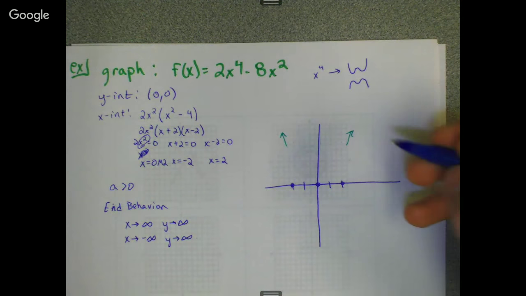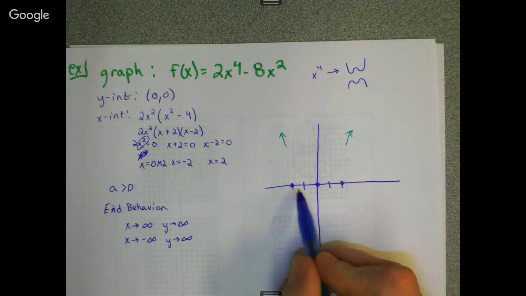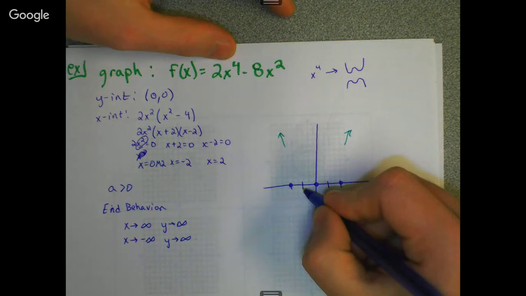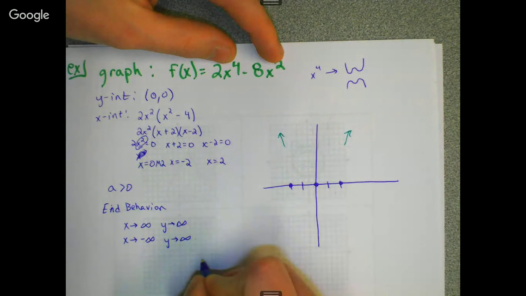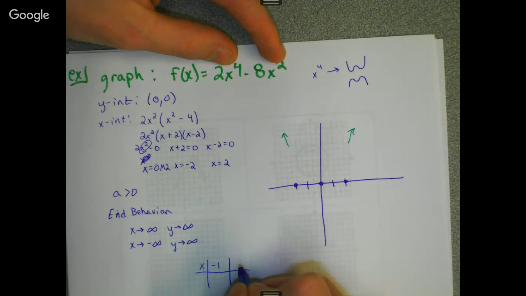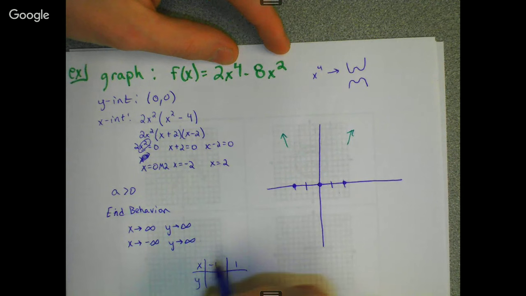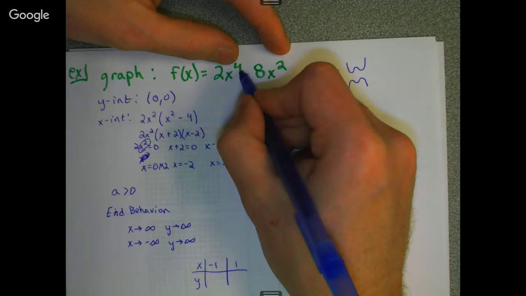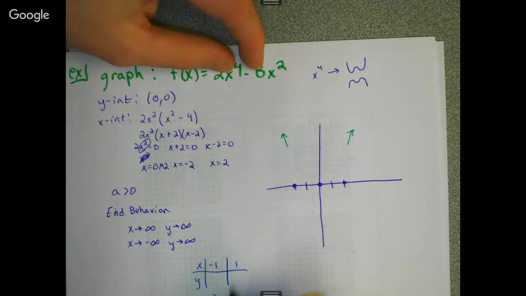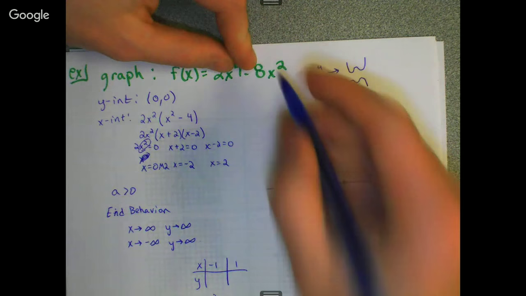Now, we could pick some points in here. I might want to know how far down does this go. Okay? So we might put in -1. So if I put in x to be -1, and I might put in 1. What is y? So that's -1 to the 4th, which is 1, times 2 is 2, minus -1 squared is 1, times 8 is 8.